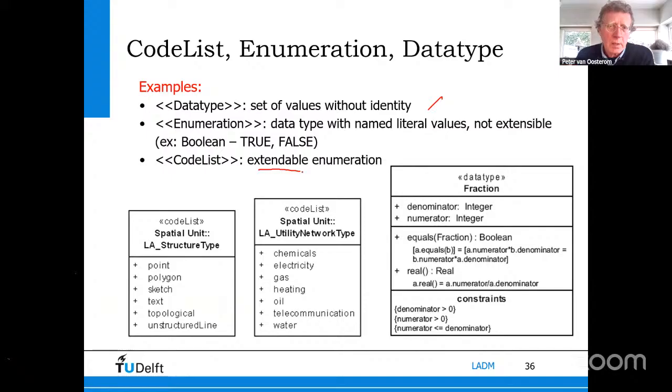If for some reason there's a new law and a new type of right, then we can extend the code list. And you can also define new data types, for example a fraction with a denominator and a numerator, and the operations on a fraction, such as an equality test or conversion to a real number, and the constraints. So this is UML modeling.